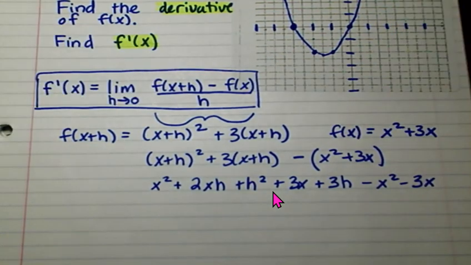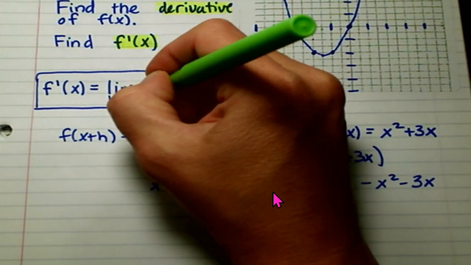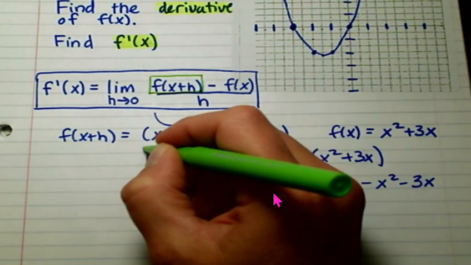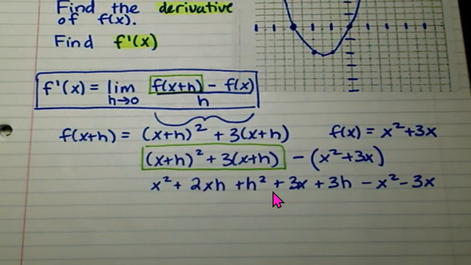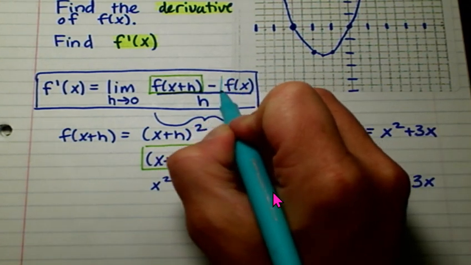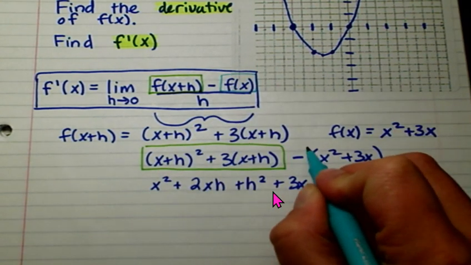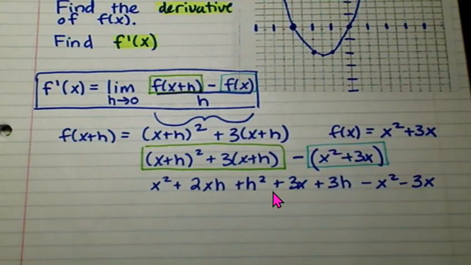Okay, here's my difference quotient. So this part here is this part, and this part here is this part. Does that make sense? Okay. This is good.